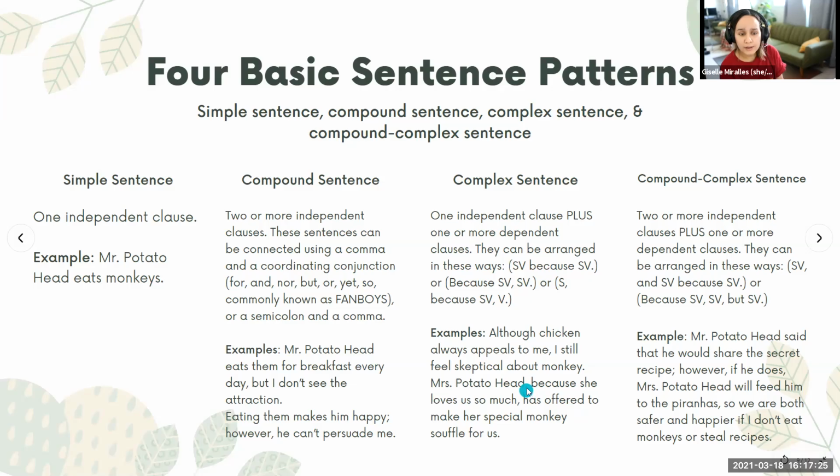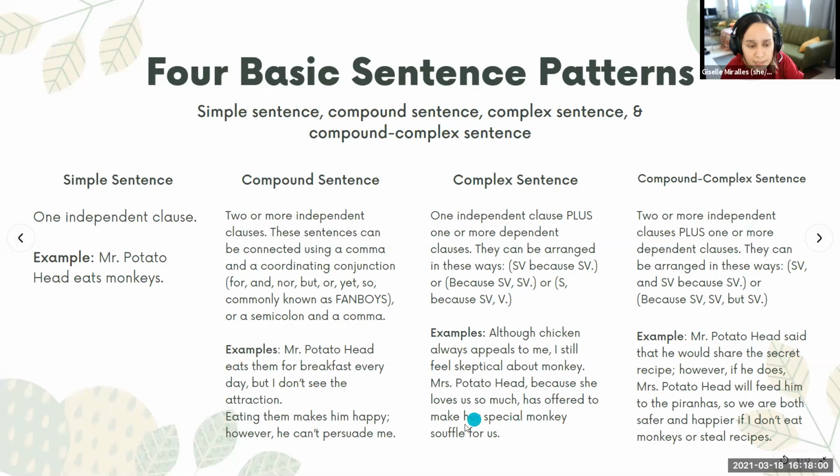"Mrs. Potato Head, because she loves us so much, has offered to make her special monkey souffle for us." In this case, this would be the independent clause: "Mrs. Potato Head has offered to make her special monkey souffle for us." And this would be the dependent clause: "because she loves us so much." Again, if you were to eliminate this middle phrase, you would have a complete sentence put together.